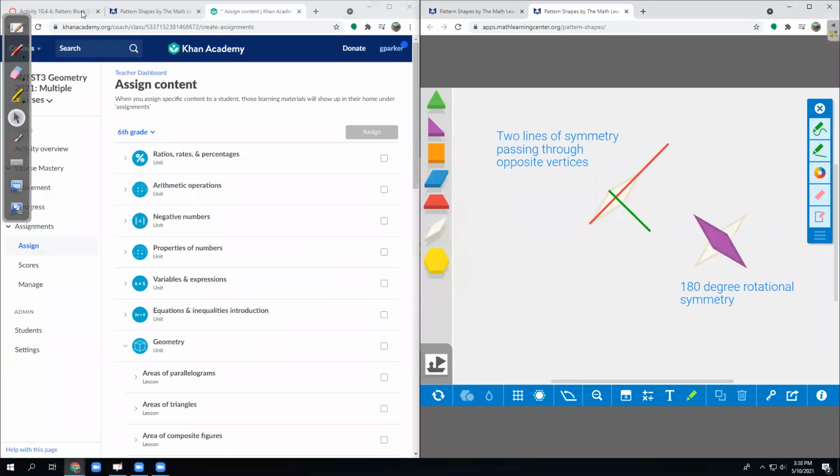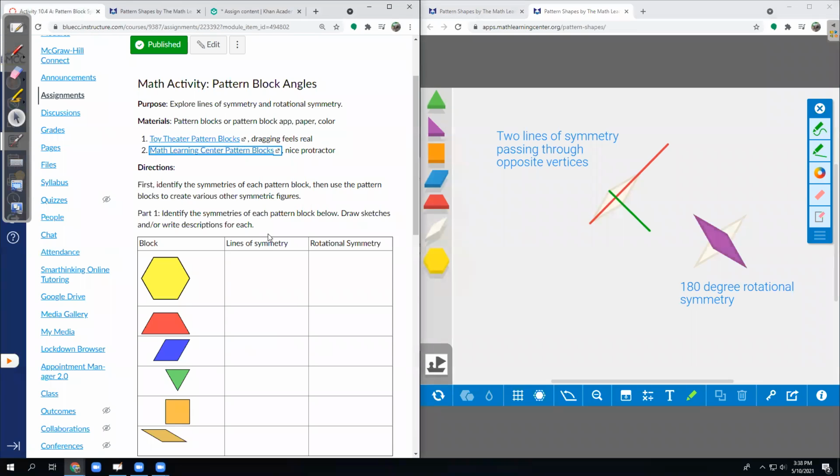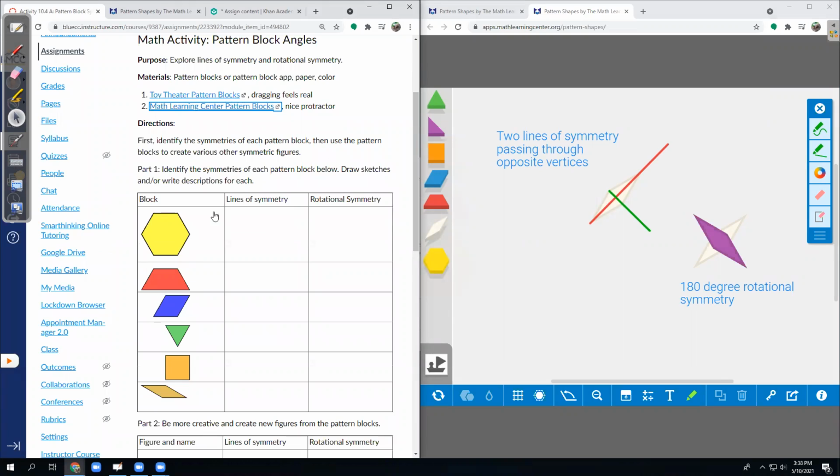All right, so those of you with me now, any questions about what needs to happen here? We've done 1, 2, 3 of these. And I encourage you when you're working on this to take risks and try to find as many lines as possible, and look for things that may or may not be lines of symmetry.